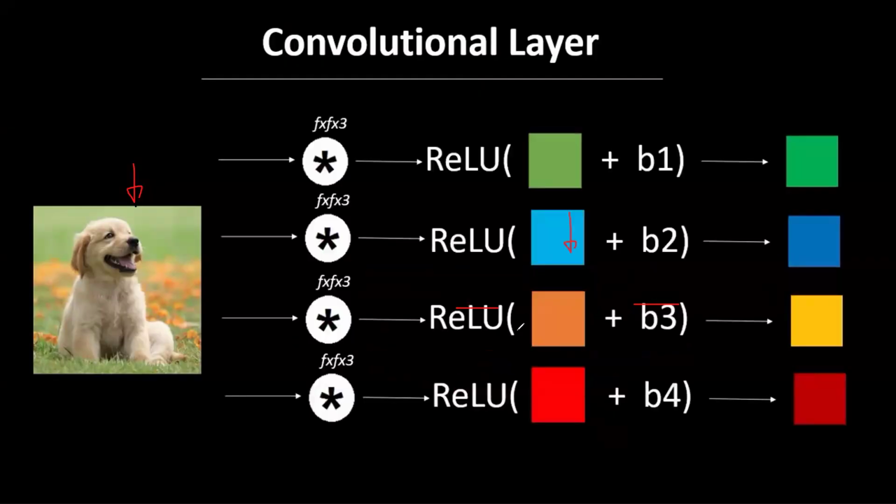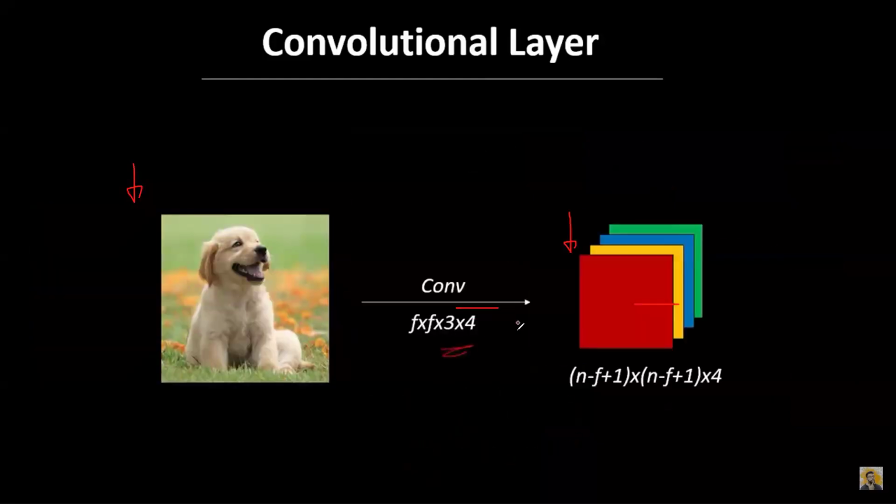And if we use multiple filters, then the bias will change and we will get multiple outputs. So in short, I will represent this with the help of this, where this 4 means that we are using 4 filters of this filter size. We are applying the convolutional layer and getting a 4-channel output.